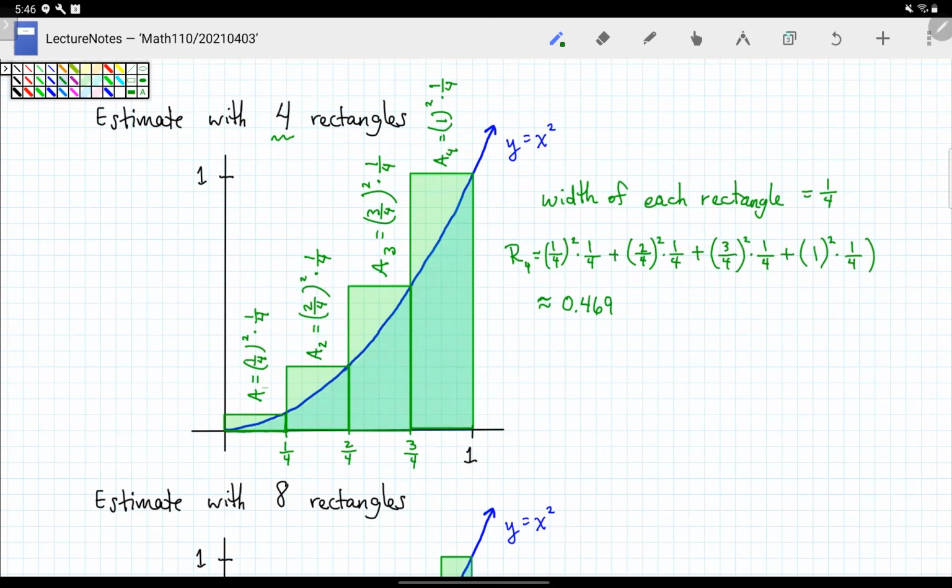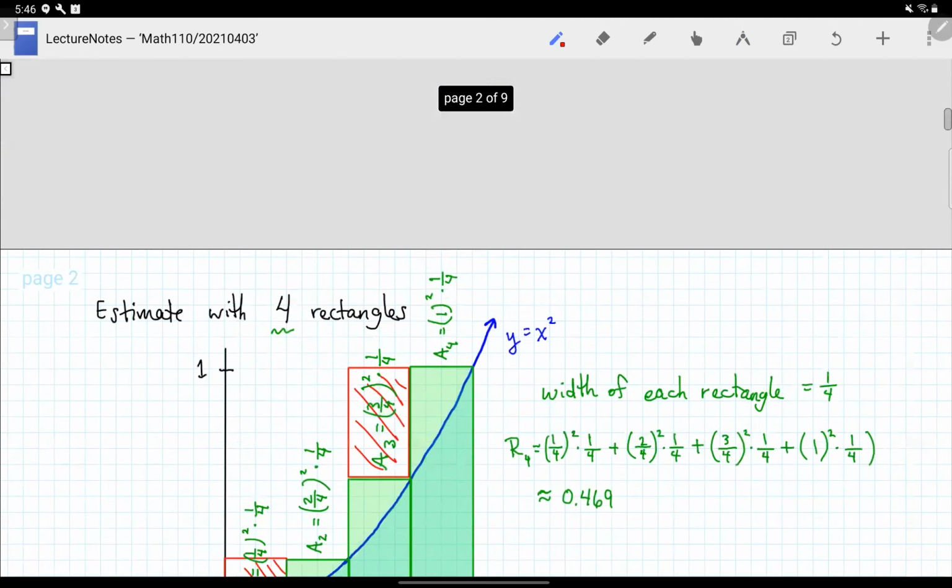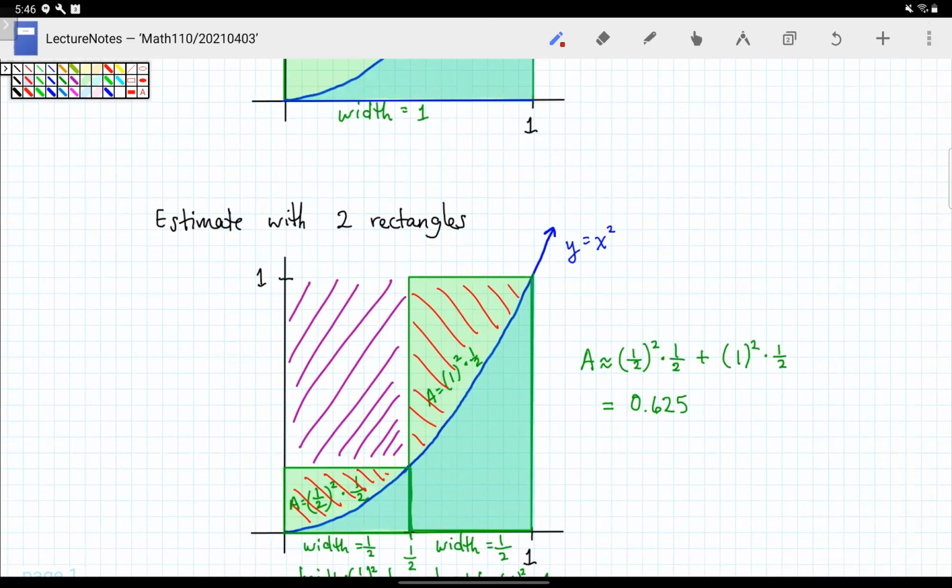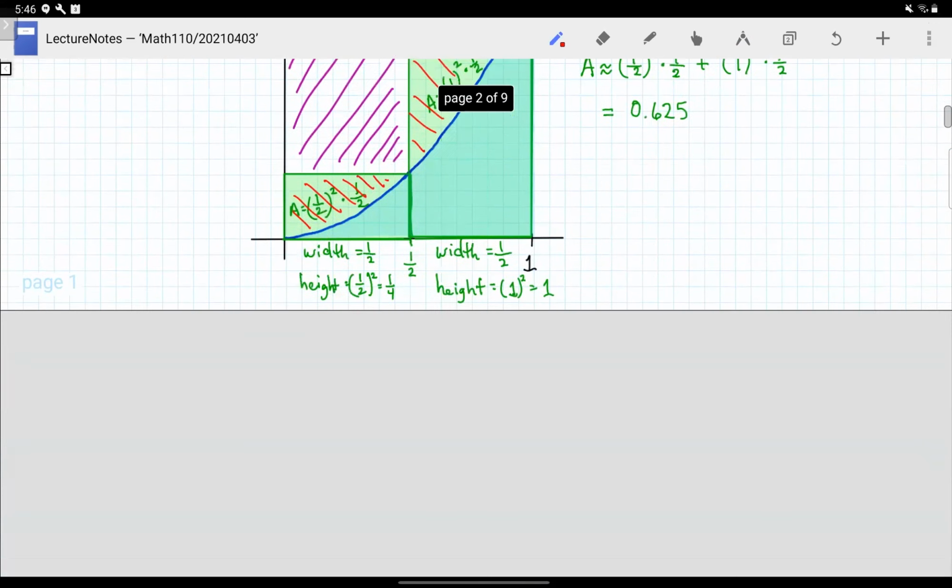And if we think about what we've done, we have now cut out this rectangle and this rectangle from our previous estimate, right? So these two pieces were part of our previous estimate with the two rectangles. And now we've actually removed those pieces.